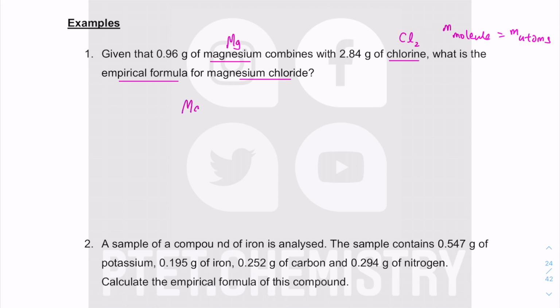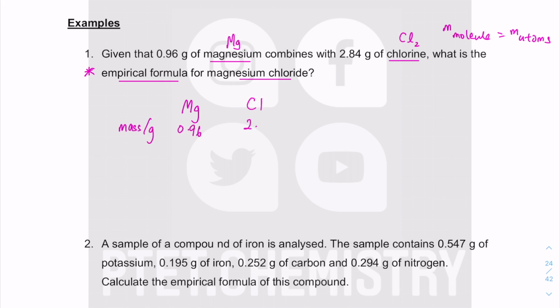So if I set up my table, Mg and Cl, I do not use Cl2 because of the definition of empirical formula, which is to do with the simplest whole number ratio of atoms or ions in a compound. Okay, so here I actually can think of it in terms of the atoms, but I know it is actually an ionic compound. So I'll have the mass. The mass in gram is 0.96 gram.